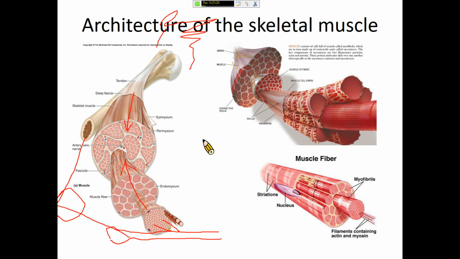So when the muscle contracts, this angle is getting closed, getting smaller, right? It's like that. It's getting smaller, right, when my muscle contracts.